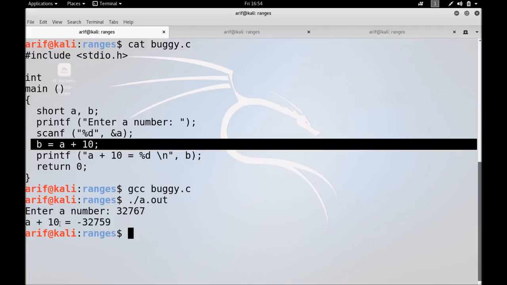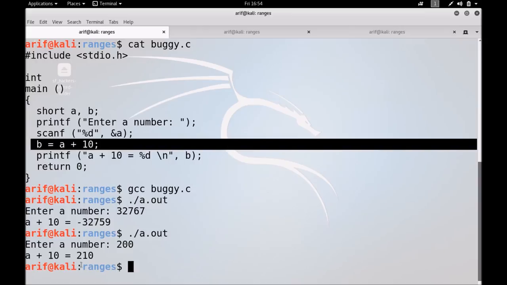So once we add 10 to it, an overflow occurs. And as you know, overflow is a condition that occurs when a calculation produces a result that is greater in magnitude than what a given register or storage location can store or represent. If I run it again and give it a smaller value, let's suppose 200, it will give the correct result.